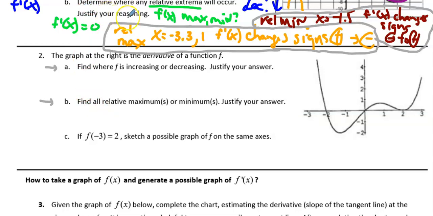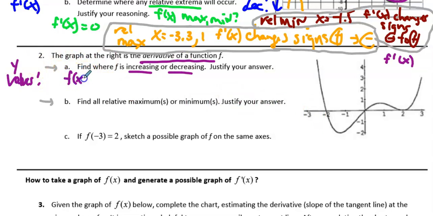Okay, so let's look at the first one. So again, it's telling us that we have the derivative of the function f of x. So this is our graph of our derivative. It's asking me where f is increasing. So once you see increasing and decreasing, I want you guys to think about y values. Okay, the y values of your graph.